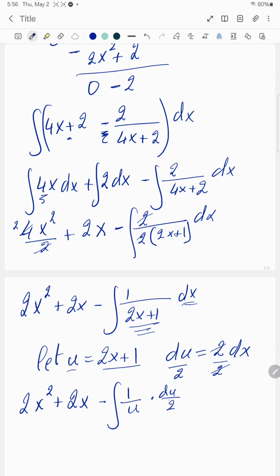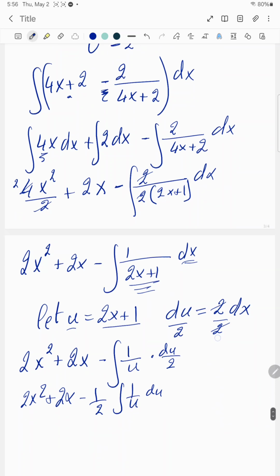So 1 over 2 is a constant. I can take it outside my integral. So it becomes 2x squared plus 2x minus 1 over 2 times the integral of 1 divided by u du. And the antiderivative of 1 over u is ln of u, because the derivative of ln of u is 1 over u.